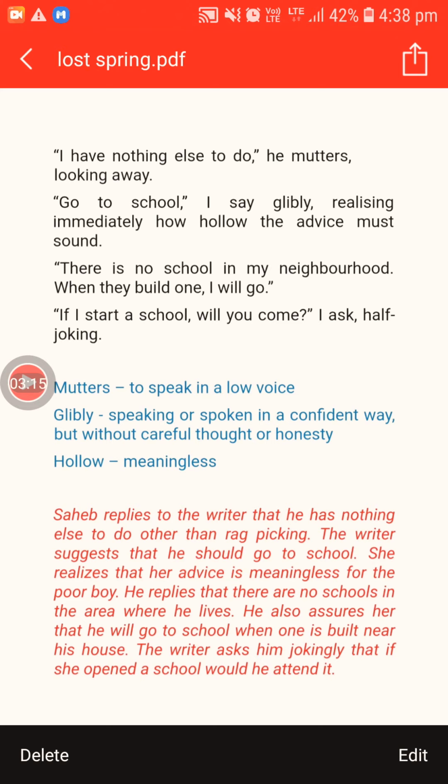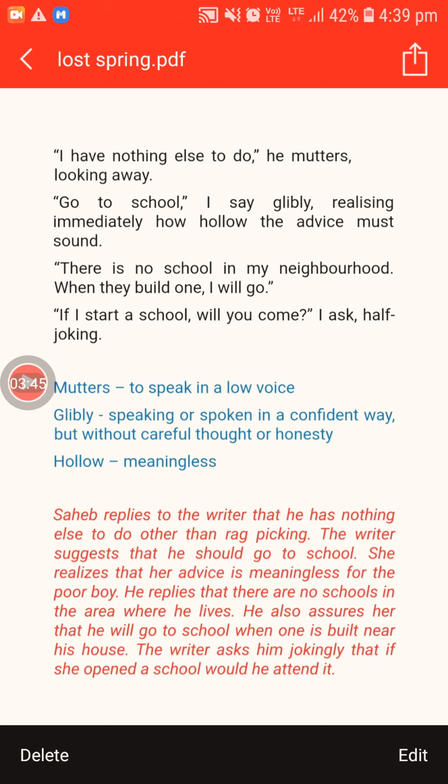So the author had a conversation with the character Saheb here, and Saheb is muttering in a slow voice. Saheb replies to the writer that he has nothing else to do other than rag picking. The writer suggests that he should go to school. So the importance of school, the importance of education, is being delivered here. It's a main key point.